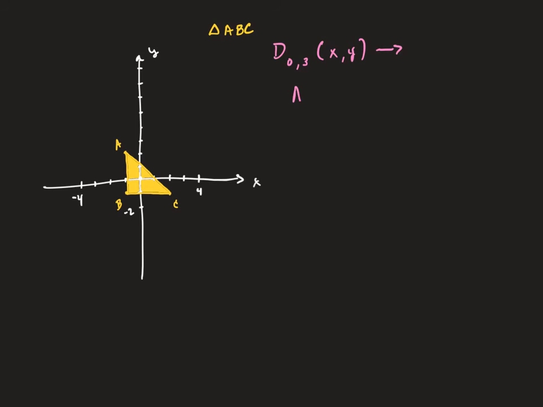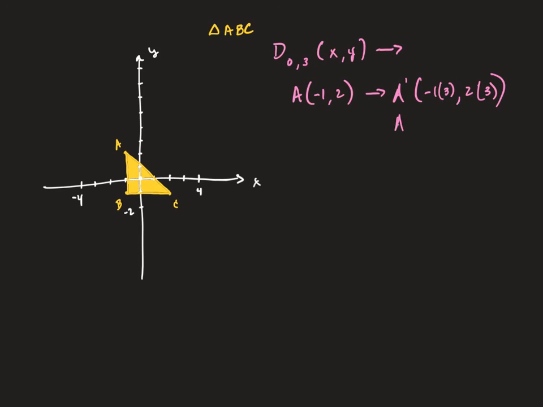So if we start off with A, which is currently -1, 2, the new translation, A prime, is going to be -1 times, sorry, I got a little bit ahead of myself there, -1 times 3, because that's my scale factor. And Y is going to be 2 times 3.